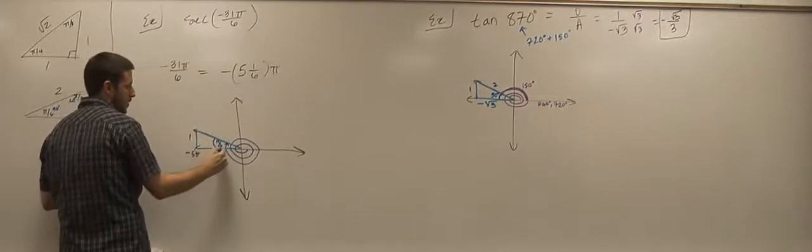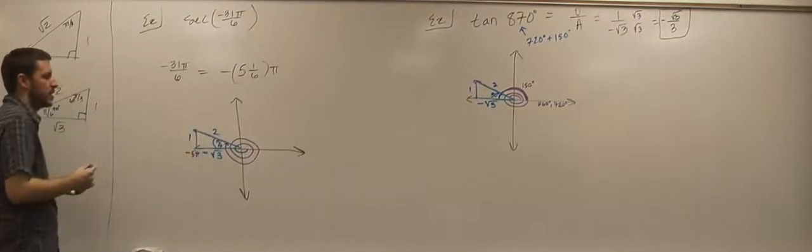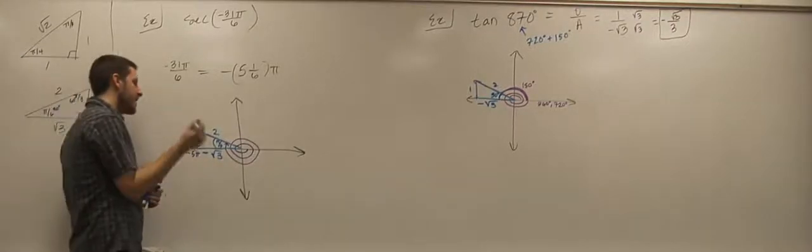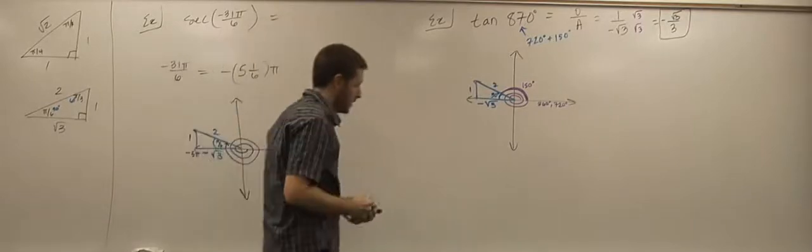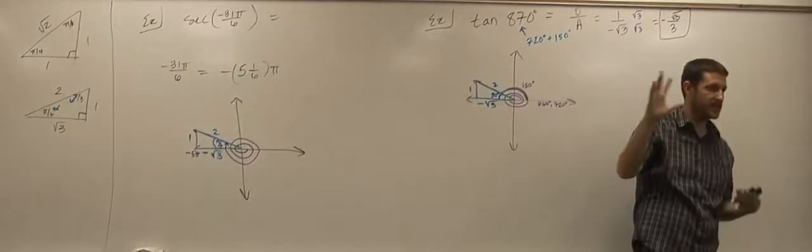This is 1, this is root 3, this is 2, and then the root 3 will be negative again because we're in the second quadrant, and x is negative. So then when I evaluate secant, what am I looking for? Secant's the reciprocal of cosine, right?